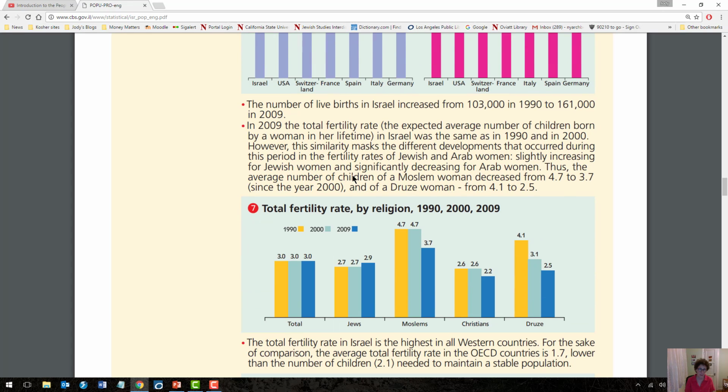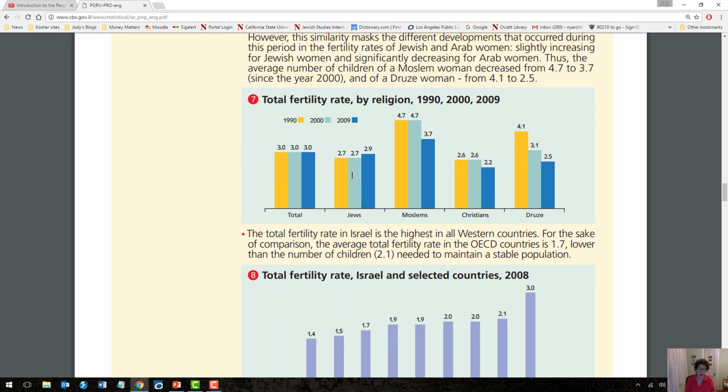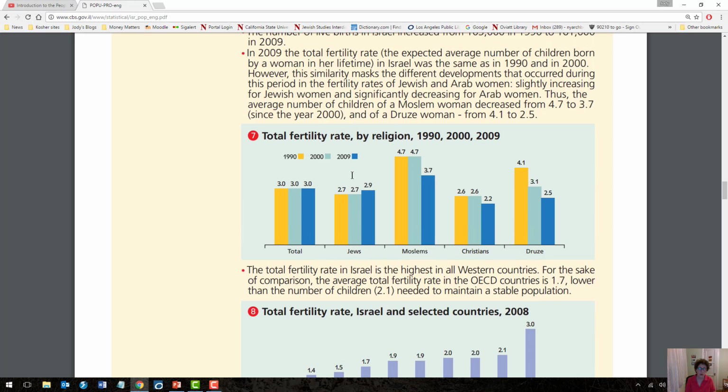Here is chart 7, total fertility rate by religion within Israel. So yellow is 1990, light blue is 2000 and 2009. You can see the fertility rate has not dropped. It's like 3 births per woman, is that it? Something like that. Now, among Jews, it's slightly less, but it's going up.